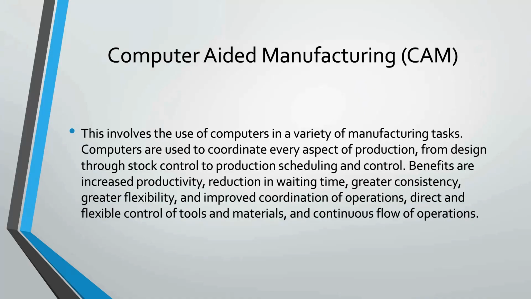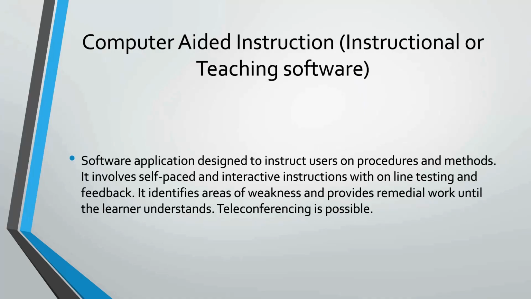Computers are used to coordinate every aspect of production, from design through stock control to product scheduling and control. Benefits are increased productivity, reduction in waiting time, greater consistency, greater flexibility, improved coordination of operations, direct and flexible control of tools and materials, and the continuous flow of operations.